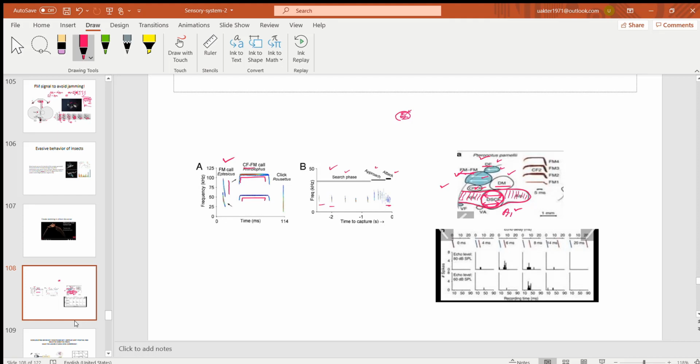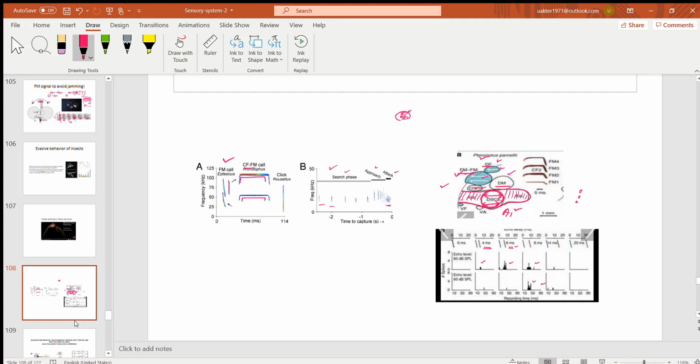And here you see different neurons respond to different intervals, which is very important. This neuron likes 4 millisecond, this one 6 millisecond, different intervals they respond to. Now why do you have different neurons responding to different intervals?